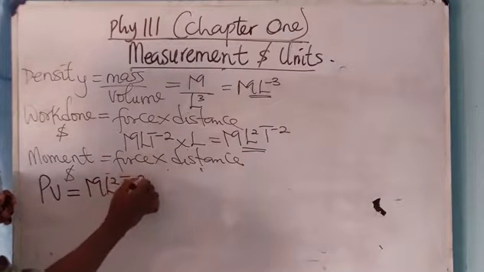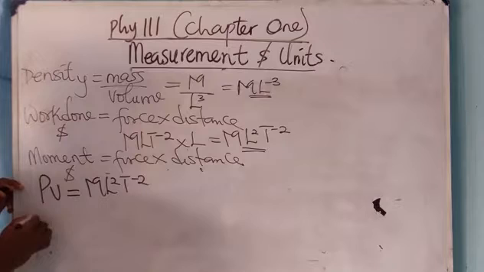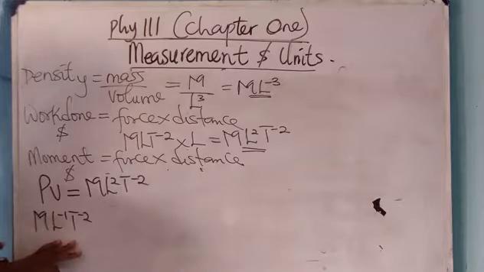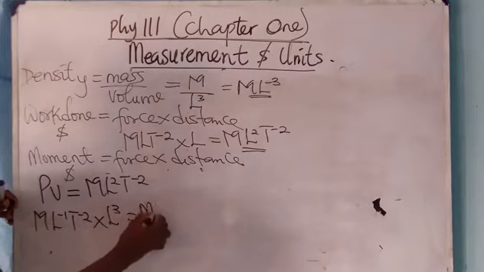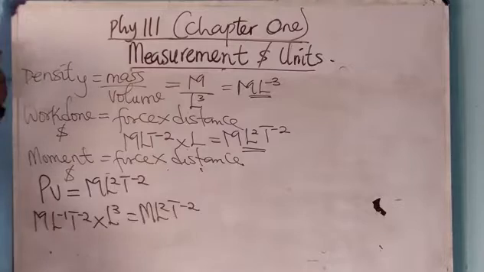So Boyle's law is PV, then work done is ML²T⁻². Pressure: what did we get as pressure? Is it not ML⁻¹T⁻²? I guess that was what we had as pressure. Then times volume, L³, equals ML²T⁻².